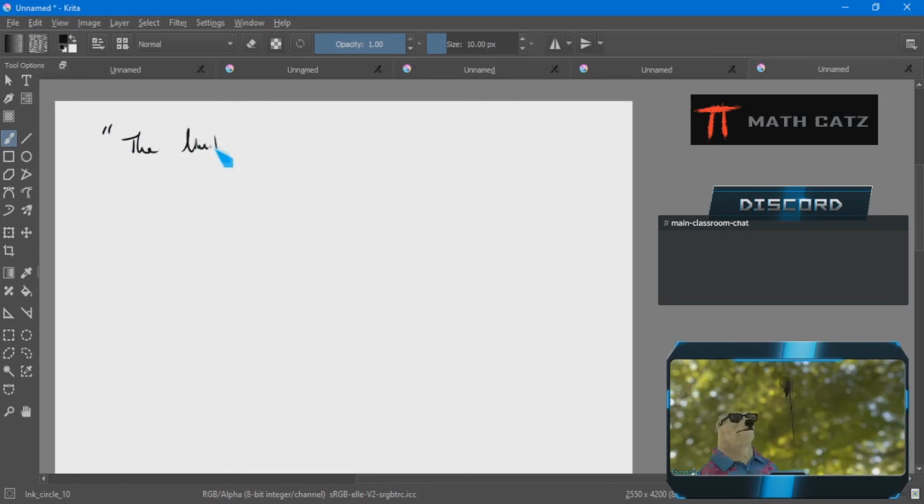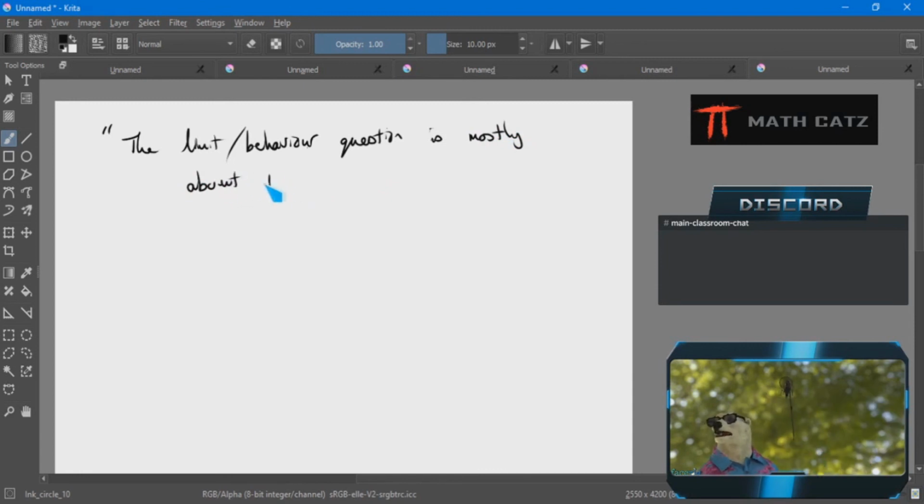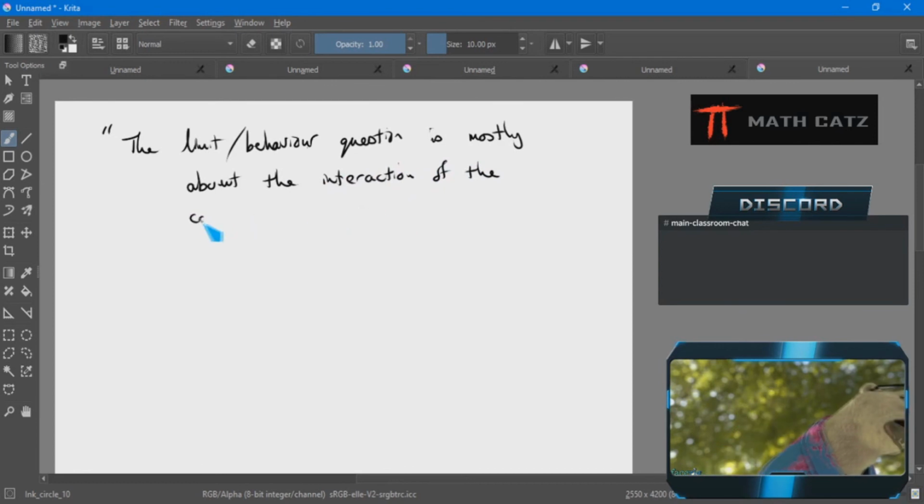The limit or behavior question is, I'd say, mostly, I don't want to say always, mostly about the interaction of the components of the function.